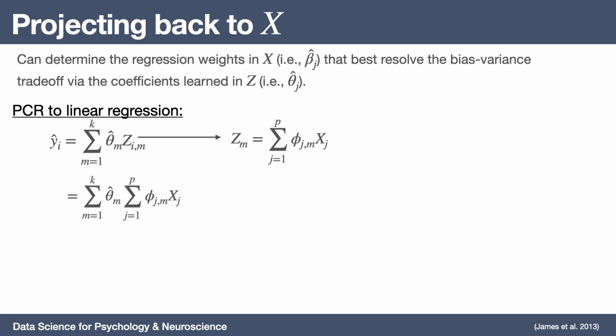Just replace Z with the linear projection of the data. And if I just move the sums around, the sum from m equals 1 to K, so over all relevant components that you have in your model, if you multiply the regression coefficient for that component by the component loading vector, phi, that gives you beta for that particular variable.